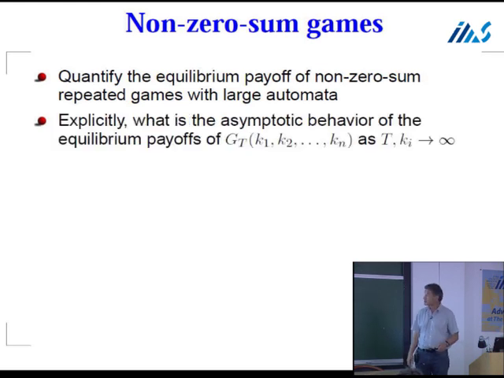Explicitly, what is the asymptotic behavior of the equilibrium payoff of the game that repeats for T rounds, where player i is restricted to play a strategy implementable by an automaton of size Ki, and we look at all these terms going to infinity?